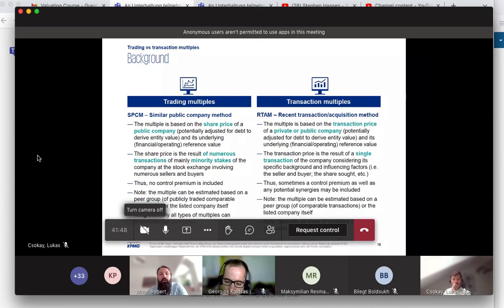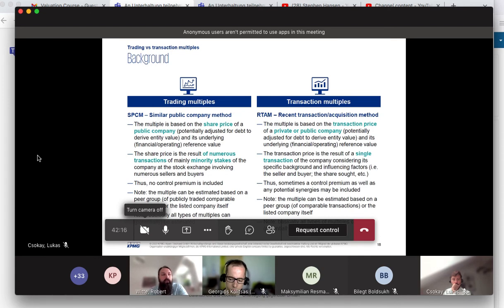So I alluded to it a little bit: when we think about transaction multiples, and you look at a transaction where the buyer is actually buying the whole company, right? You can expect that within the price, certain synergies, or at least some expectations regarding synergies, are included, right?